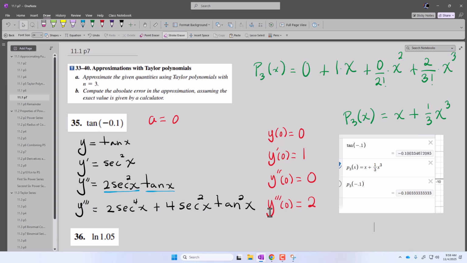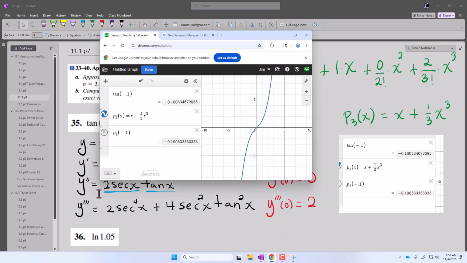All right. That makes sense to everyone? Now, they did ask for the absolute error, so the error is going to be the difference in these two values, and then with absolute value. So the error, we would take the super good approximation, and I just forgot the minus sign again.